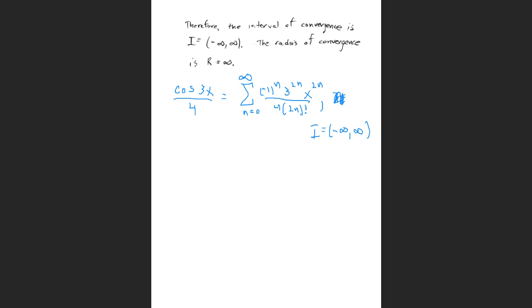So Maclaurin series have been established for a number of different functions. The book has a table 1 in section 8.7, which I'll show here before we go on to break. The book has a lot of good examples.